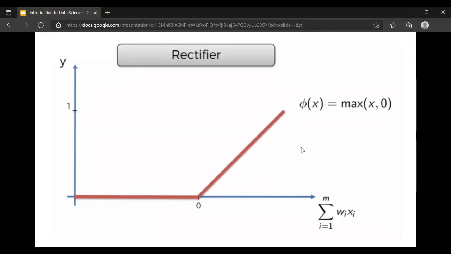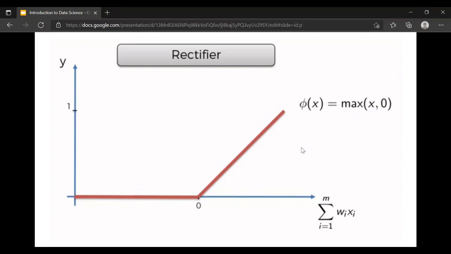Next, we have something called the rectifier function. In this function, for all negative values of the weighted sum, I'm just going to give my output as 0. So if my value is -5, -5,000, -5 million, whatever it is, the output is 0.